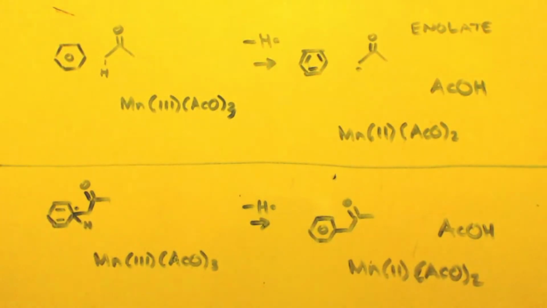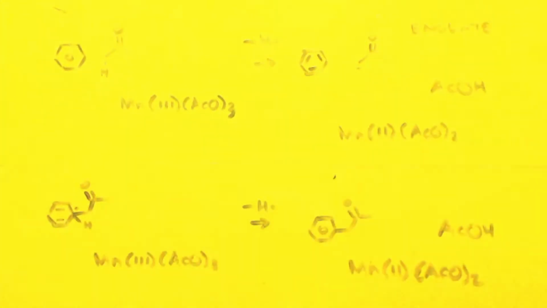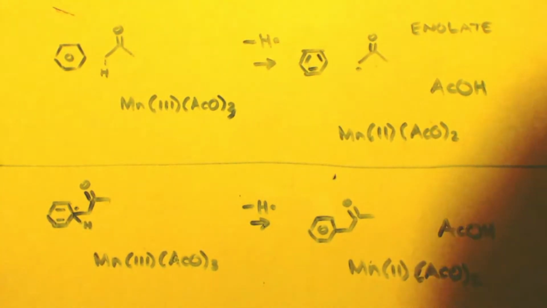So when this attaches, now it has a hydrogen and its acetone attached to the same carbon. Where the free radical goes, I don't know. It might be over here, or it might be where I have it. Either way, it doesn't matter, because the same thing's going to happen.